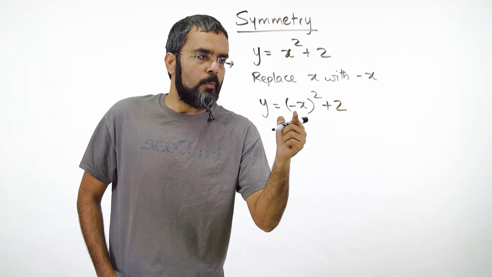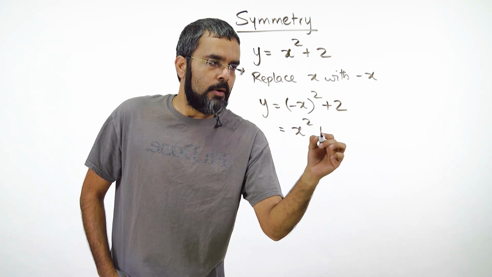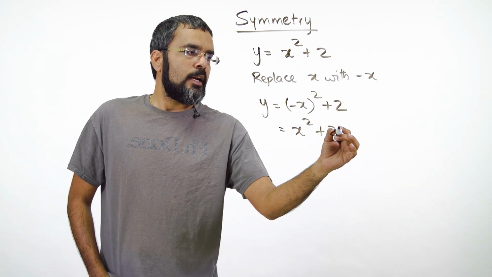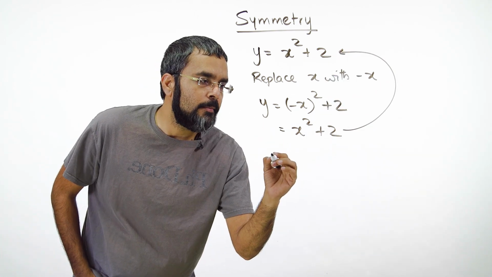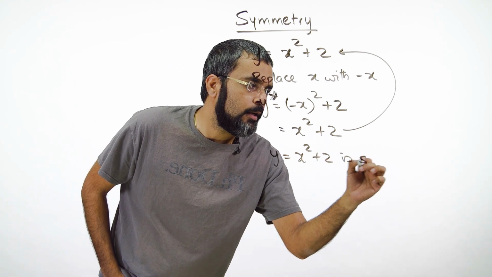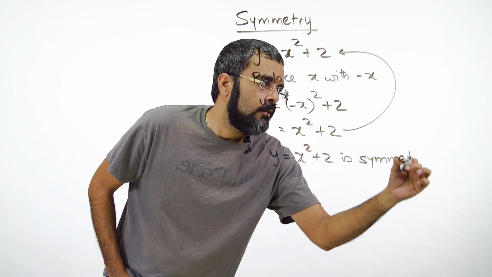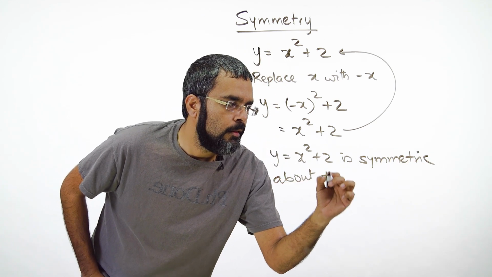Well, we know that if you square a negative number, we get a positive number, so I get x squared plus 2. The equation that I got is exactly what we have here, so this is a check. We can say that y equals x squared plus 2 is symmetric about the y-axis.